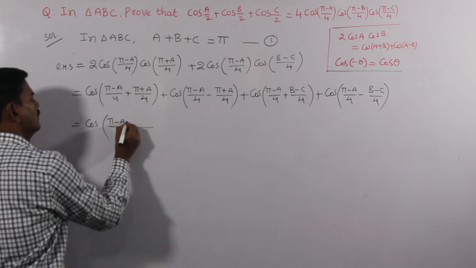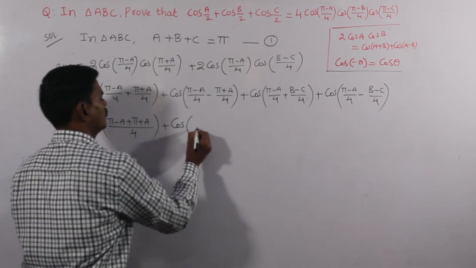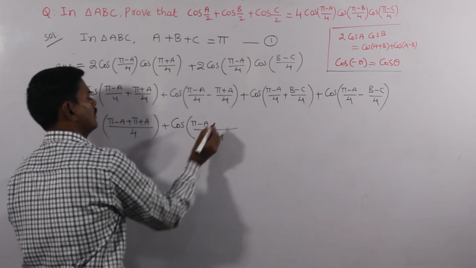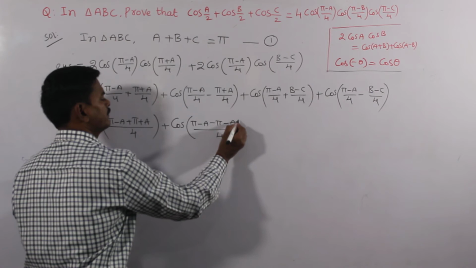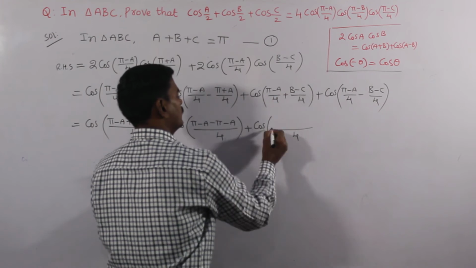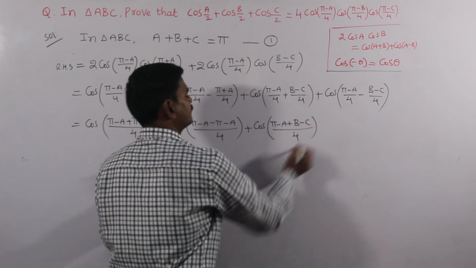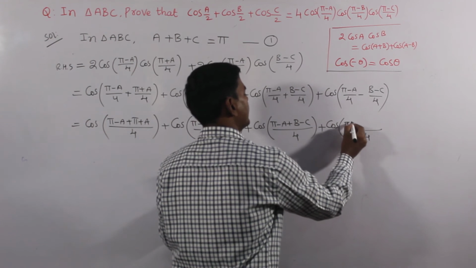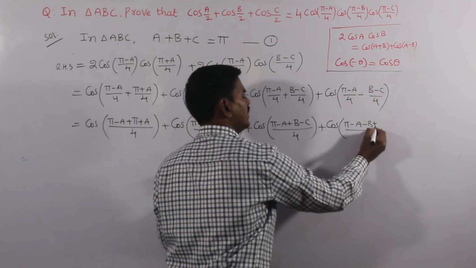Cos of (pi minus a plus pi plus a) by 4, plus cos of, LCM 4, (pi minus a, now minus into plus is minus pi, minus into plus is minus a, plus... ) pi minus a plus b minus c, plus cos of, LCM 4, pi minus a minus b, minus into minus c, plus c.